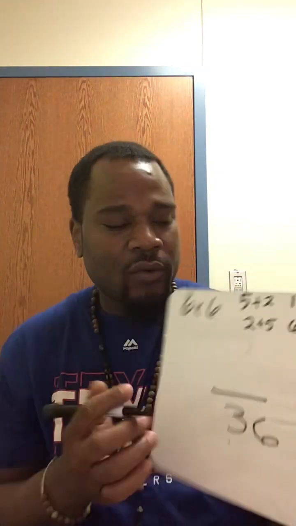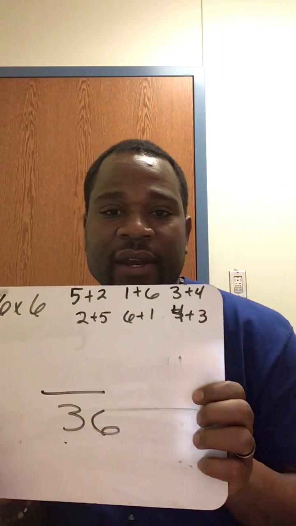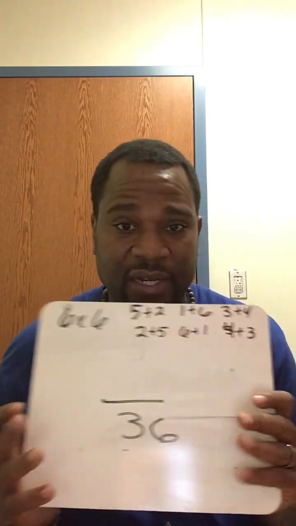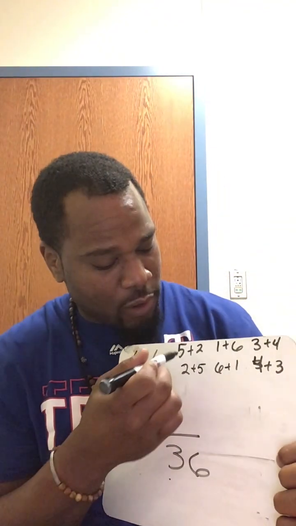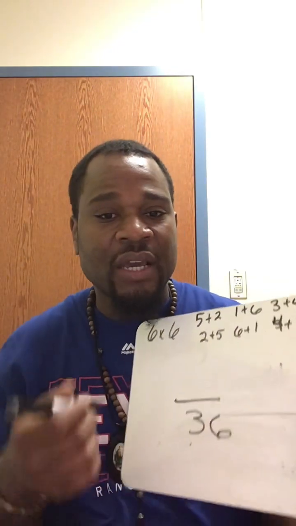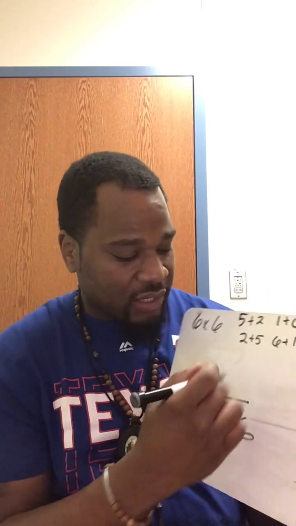I can do 6 plus 1. And I can do 4 plus 3. I don't think there's any more ways I can get to 7 with the numbers on the dice other than these. So I have 1, 2, 3, 4, 5, 6 possible choices out of 36. I got 6 likely chances to hit 7 out of the 36 possible chances.